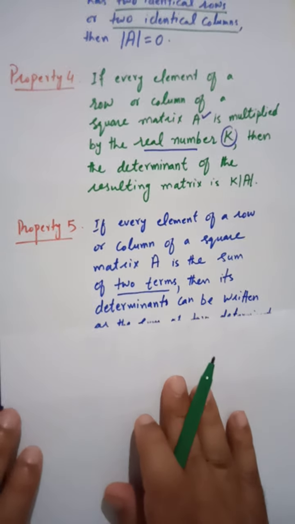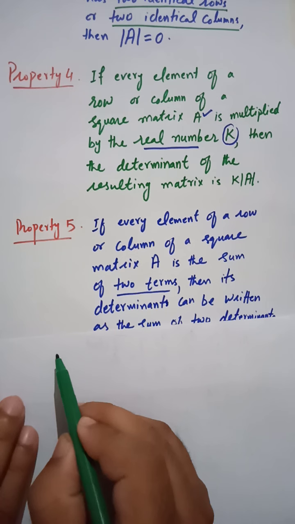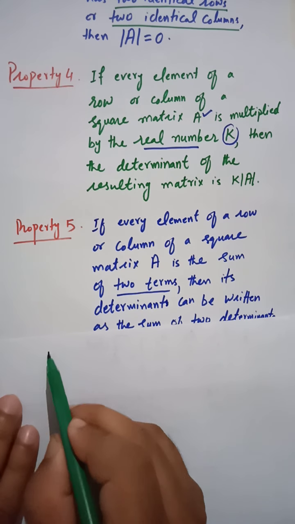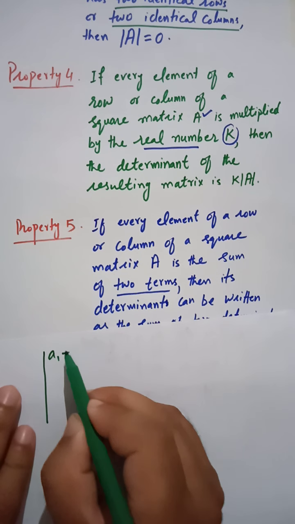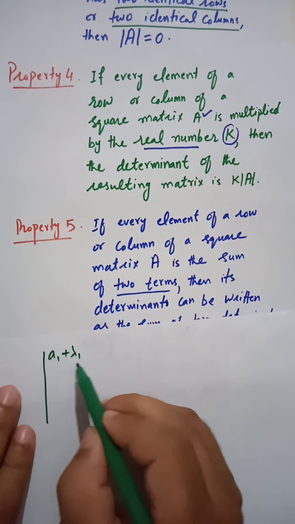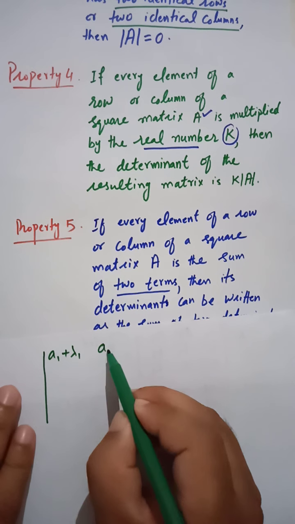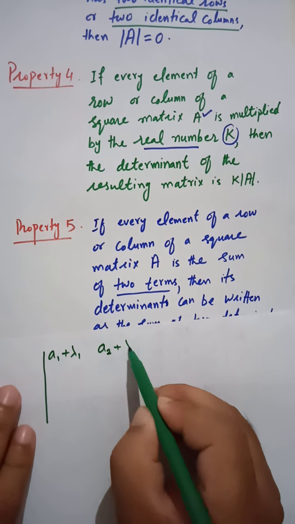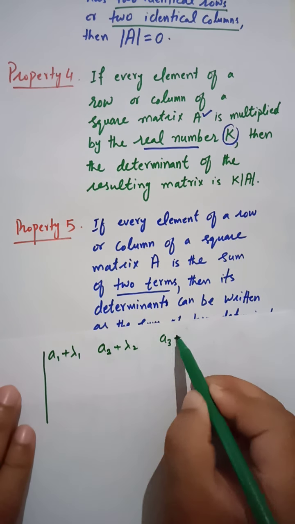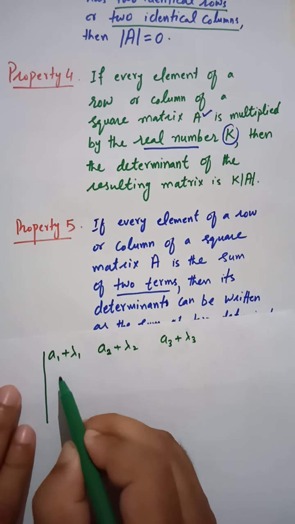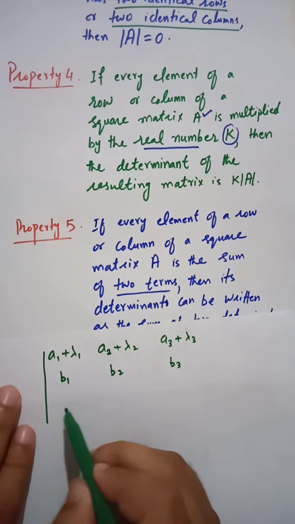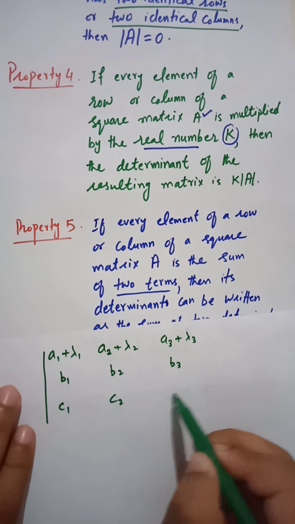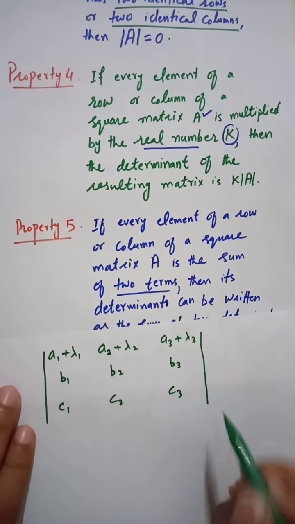It means that if we have a matrix, I am writing that in the determinant form. Let's say this is A1 plus lambda 1, where lambda 1 is a real number, A2 plus lambda 2, A3 plus lambda 3, and this is B1, B2, B3, C1, C2, C3.